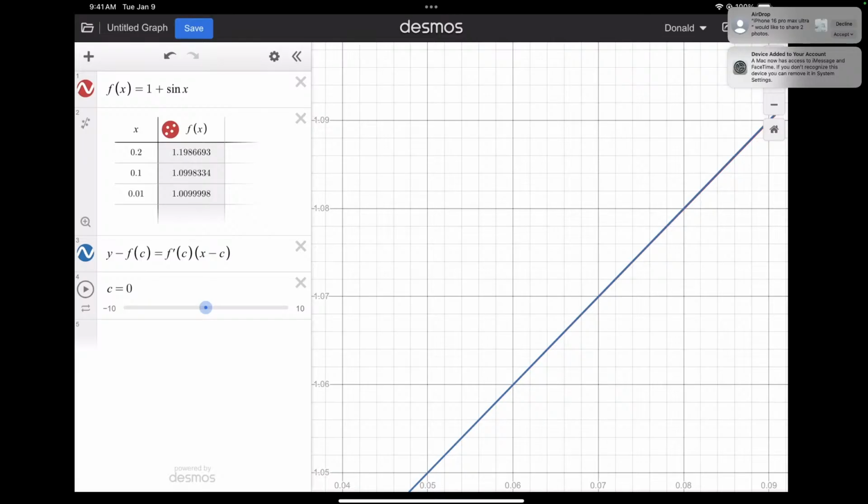So it'll be cosine of 0, which is 1. If I plug in 0 here, it will be the point (0, 1). So it'll be y minus 1 equals 1 times x minus 0, so y equals x plus 1. This is my tangent line approximation.